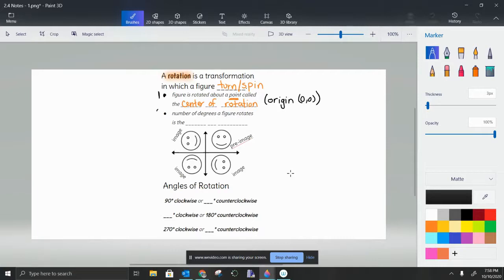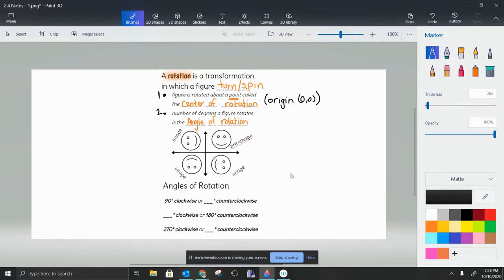The second thing that we need to know to do a rotation is how far we're going to rotate, which is the number of degrees a figure rotates, and we call that the angle of rotation. You might be confused that we would use an angle to measure the distance of a rotation.